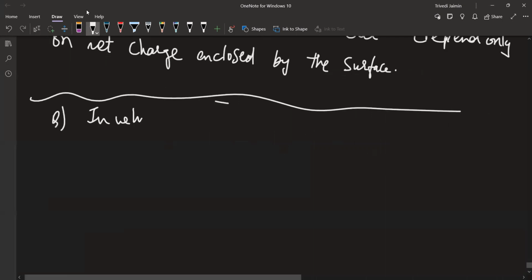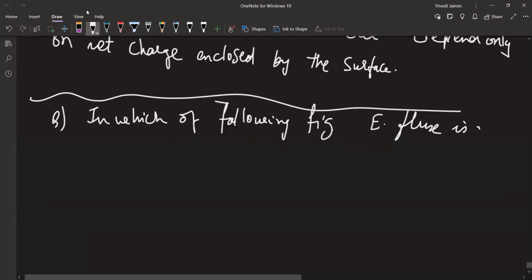In which of the following figures is the electric flux maximum?